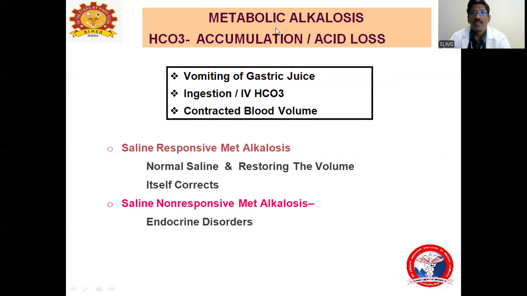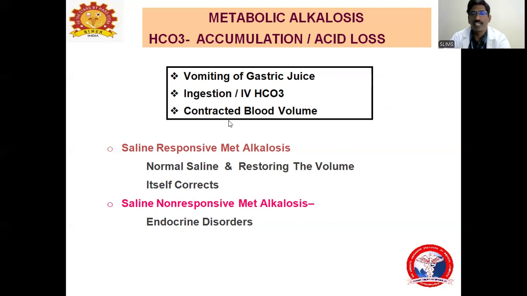So look at here, metabolic alkalosis, bicarbonate accumulation. Metabolic alkalosis occurs when bicarbonate accumulates or hydrogen ion is lost, that is, acid is lost. For example, vomiting of gastric juice. Gastric juice is rich in acid, so when it is lost, it causes metabolic alkalosis. If somebody goes for ingestion or intravenous bicarbonate, you are disturbing the balance, so the bicarbonate level goes up and it causes metabolic alkalosis.